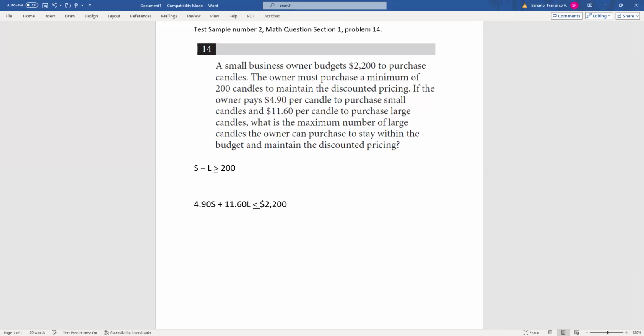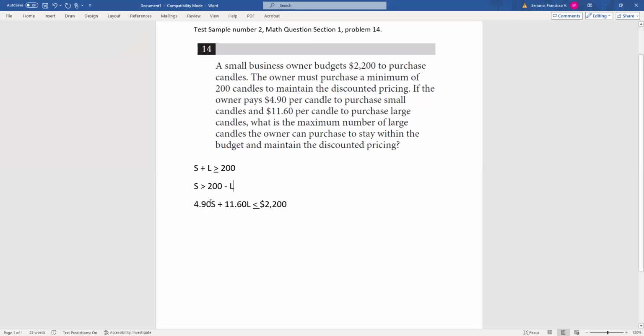So what I need to do here is solve for S. So we get S is greater than or equal to 200 minus L, because we're going to subtract an L from both sides to leave the S alone.